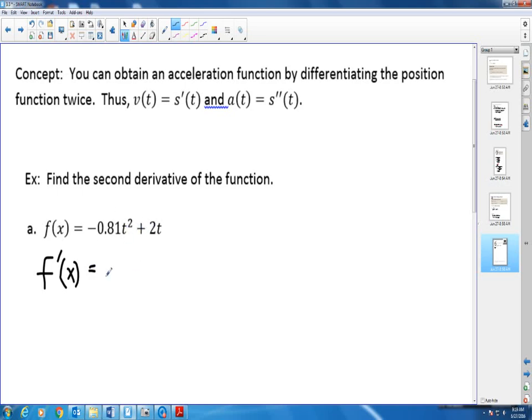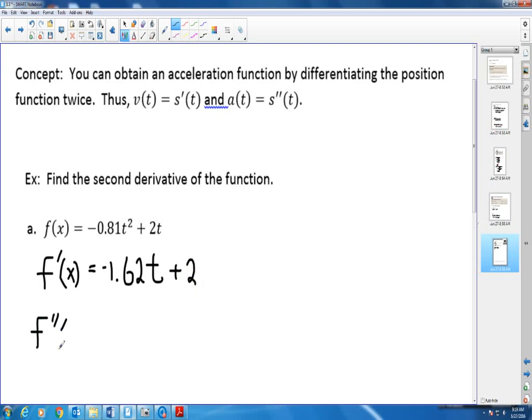Power rule here will give me negative 1.62 times t, plus the derivative of 2t, which would just be 2.